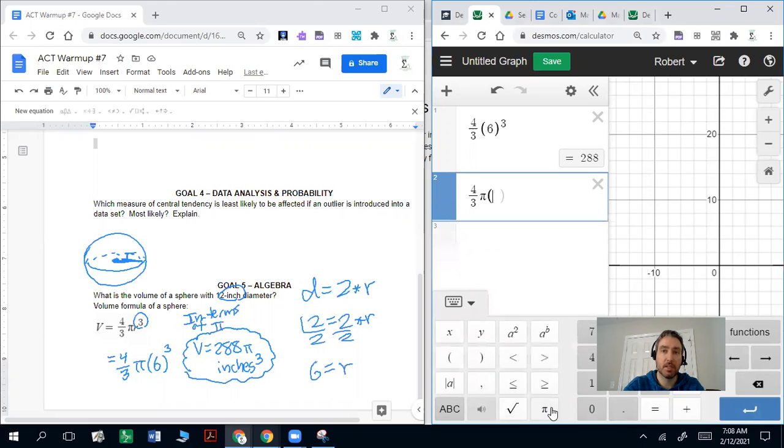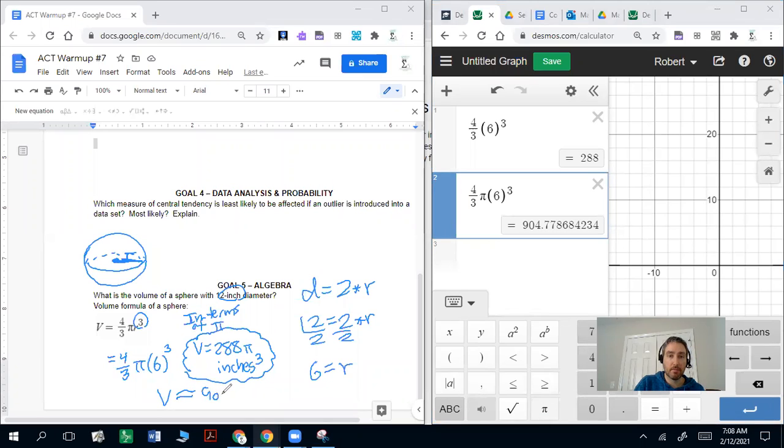And then you do parentheses 6 raised to, so shift 6, 3. And you get 904.7786. So we can round that a little bit. So the volume is approximately 904.78 inches cubed.